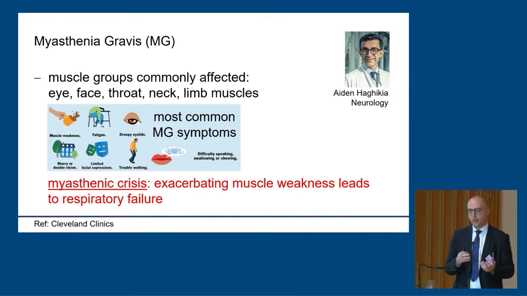There are certain triggers like infections that can lead to exacerbation of those symptoms, which in the end are called myasthenic crisis, which can lead to respiratory failure, and patients need to go to the ICU and be ventilated.